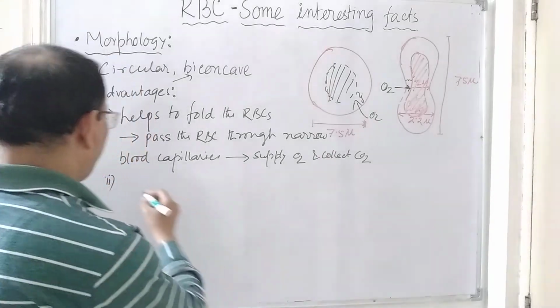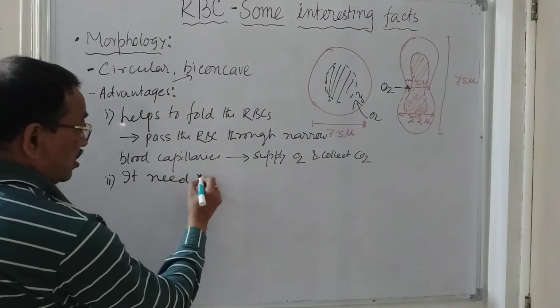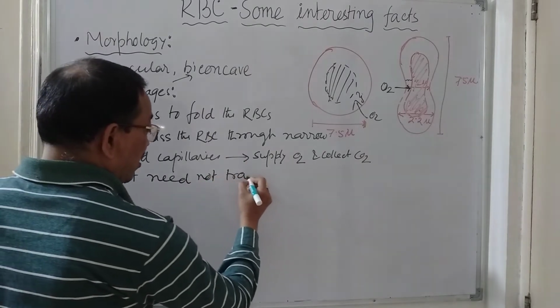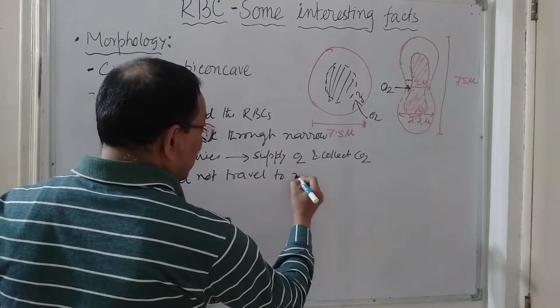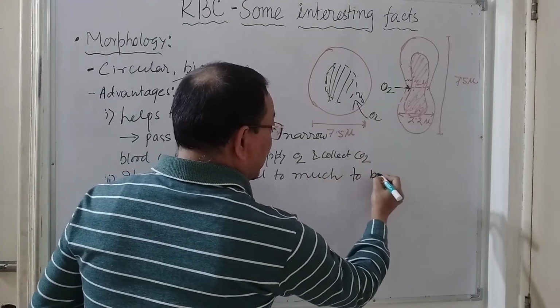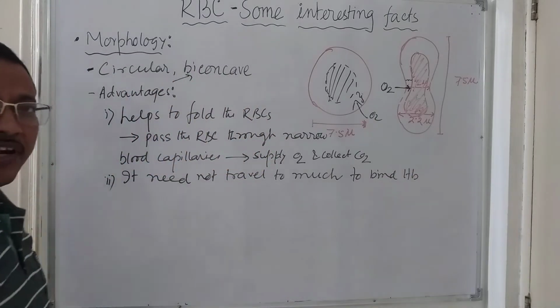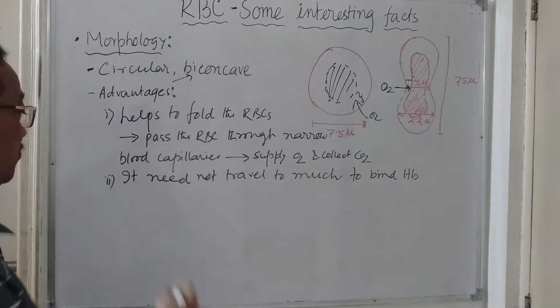So this is the second advantage of the biconcave shape: it need not travel too much to bind hemoglobin.